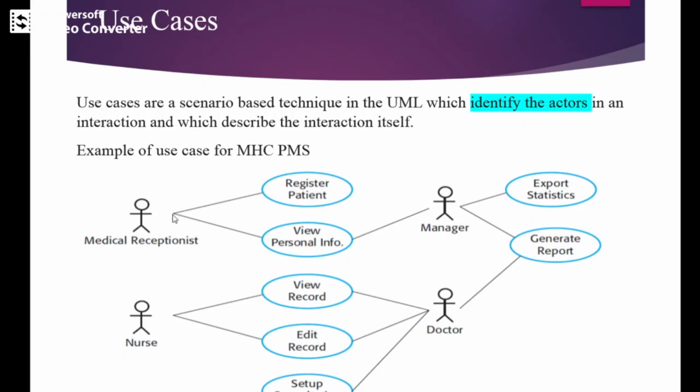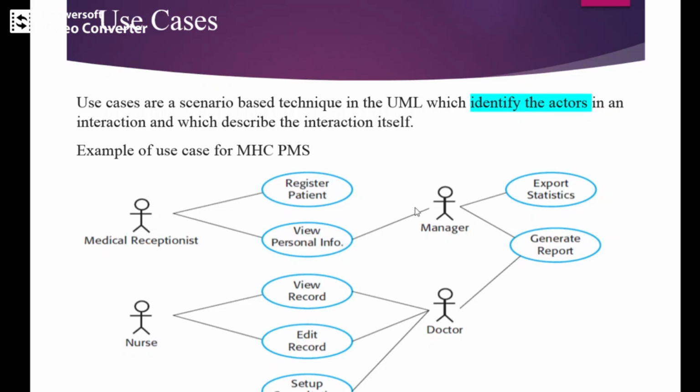Register patient means that once the patient enters the clinic, the medical receptionist will register that patient and can also view the personal information. The nurse can view the record of the patient, edit the record, and also edit the information.